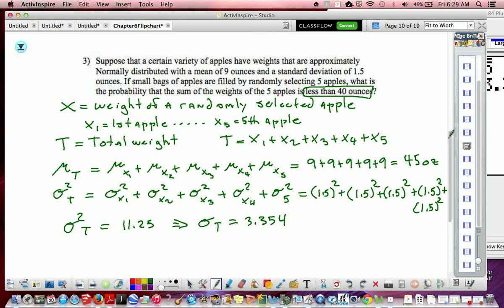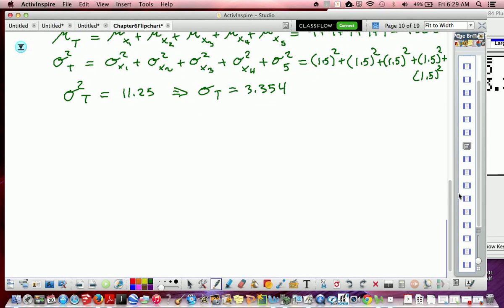Now, to calculate that out, if I go back up here, it says approximately normally distributed. Hence why I was finding my mean and standard deviation, because really, I want to know the probability that my total weight is less than 40 ounces. If I'm visualizing this, here's my mean, which is 45.